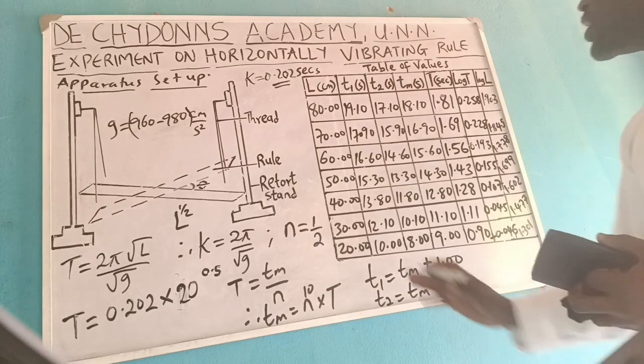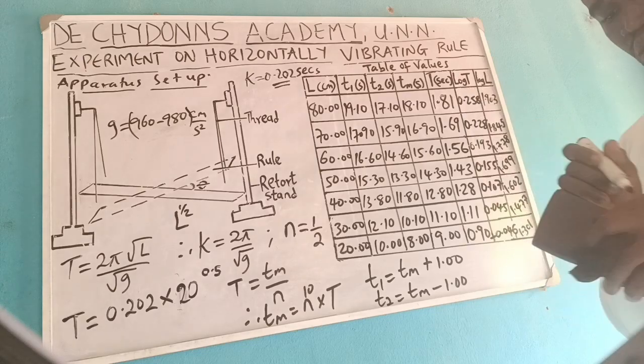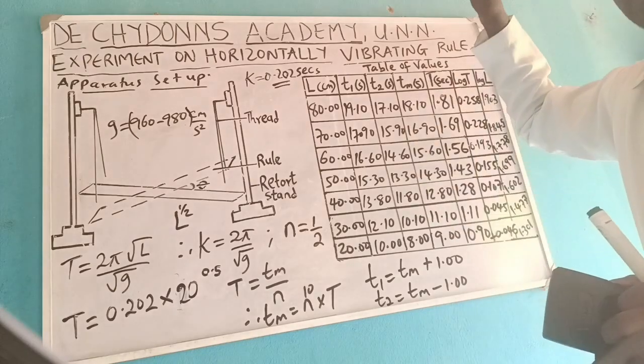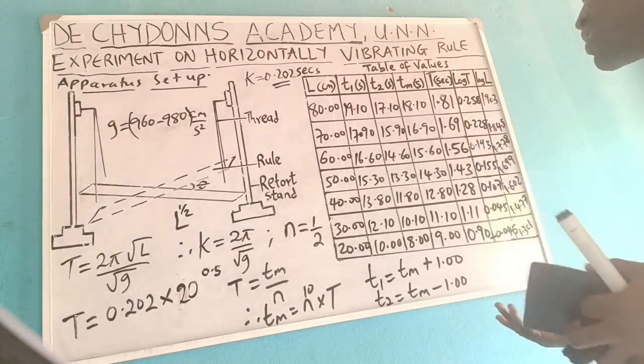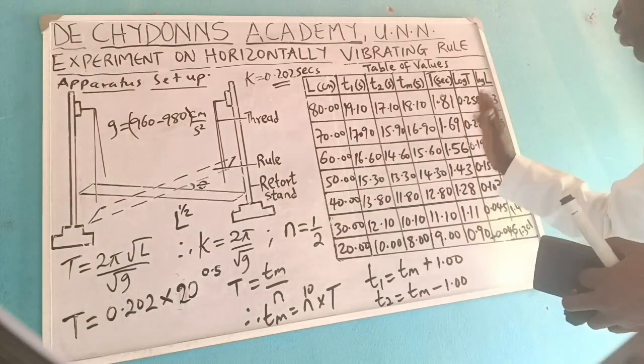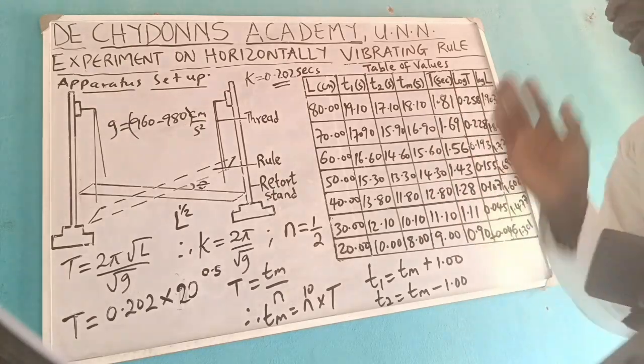So this is just how to get your table of values without looking at those procedures, performing and encountering 1001 errors. With this, you have gotten your table of values without touching apparatus.